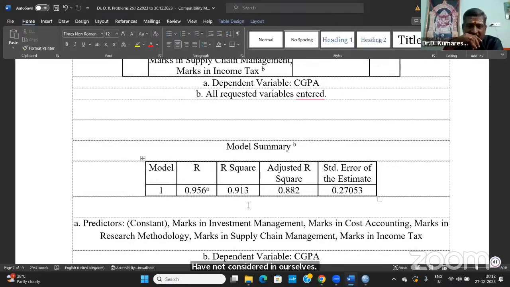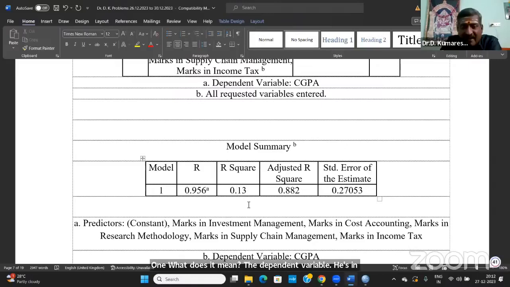Sometimes the R square value may be very low. For example, it is 0.13, just for example. What does it mean? The dependent variable is influenced by the selected independent variables only to the extent of 13%.